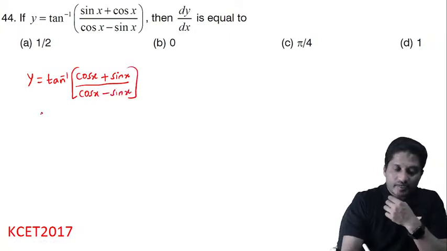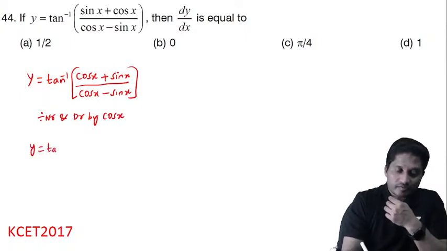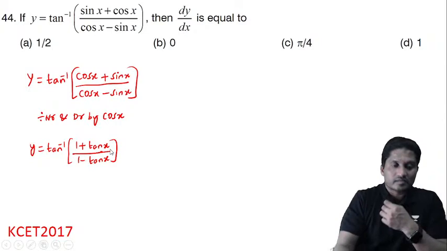Right, I'm going to divide the numerator and denominator by cos x. This becomes tan inverse of, cos and cos cancel, 1 plus tan x divided by 1 minus tan x.